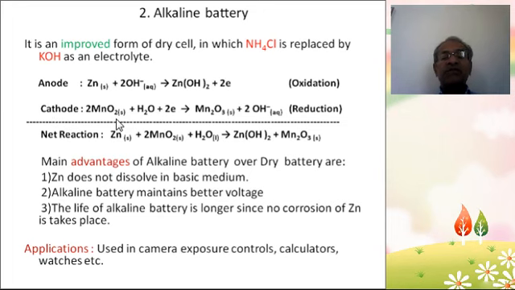The manganese dioxide which is present in the paste takes up the electrons liberated at the anode in the presence of water to form manganese trioxide along with OH minus ions. The net reaction will be like this: solid zinc reacts with manganese dioxide in the presence of water to form zinc hydroxide and manganese trioxide.